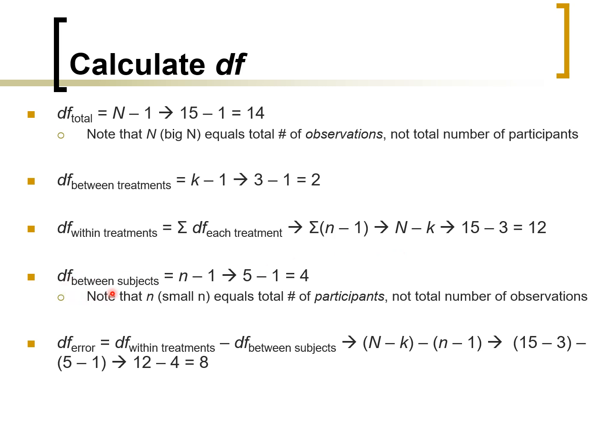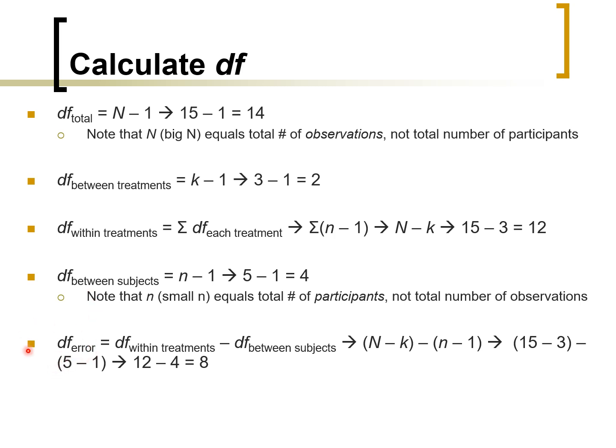And now we have our degrees of freedom between subjects. This is the new component, basically our n, or our number of people in the study, minus 1. So for the example we've been working with, we have 5 people in the study, 5 people at 3 times each. So we have 15 total observations, our big N, but the number of people minus 1 gives us our degrees of freedom for our between subjects factor.